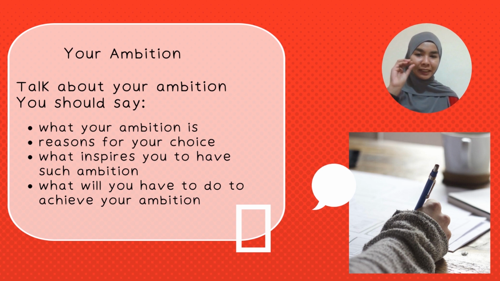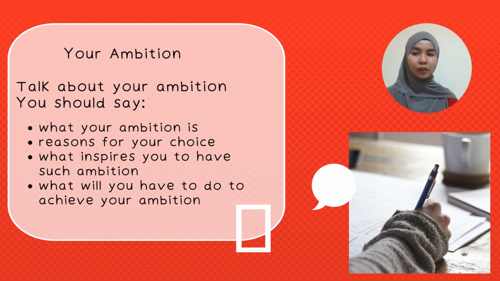This is a sample of part 2 questions where you will be given a topic. So here is your ambition. Talk about your ambition. There will be 4 bullet points. These 4 bullet points are your guidelines, but they are not only there to guide you, they are there to be filled, addressed, and answered. It's compulsory to answer every question.